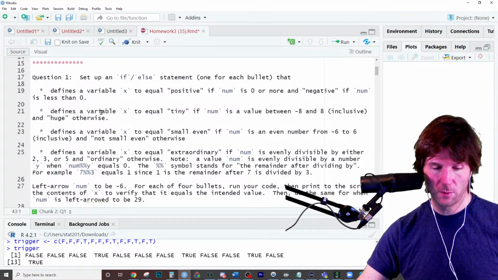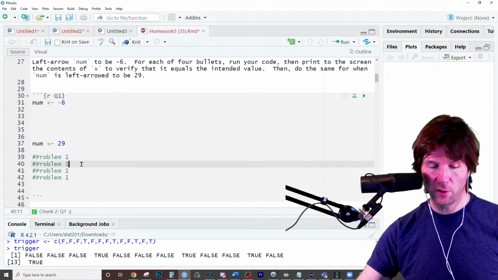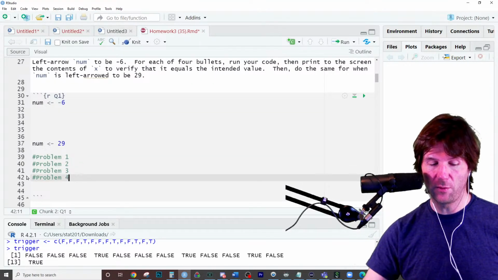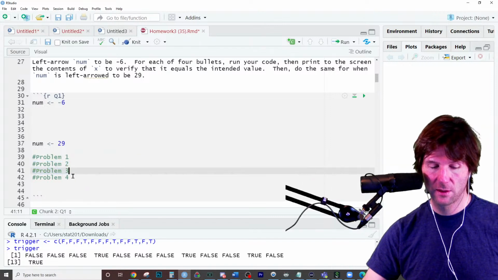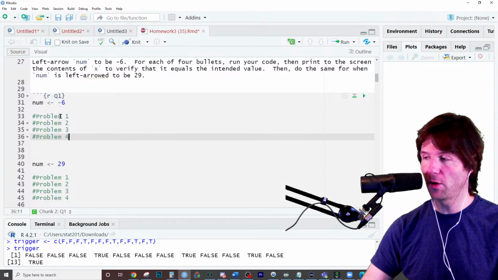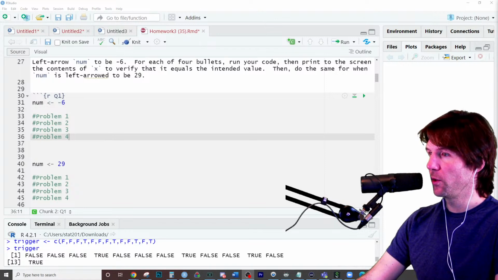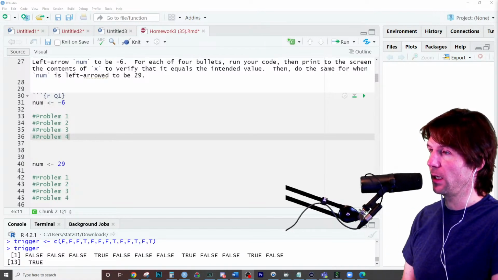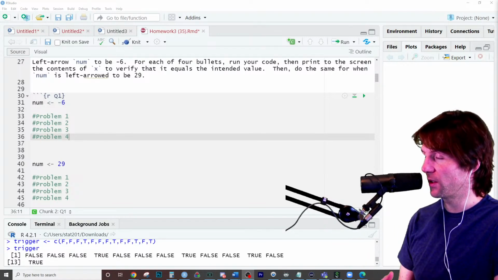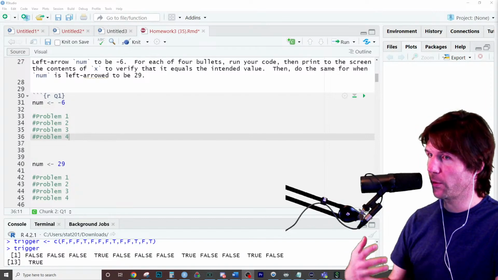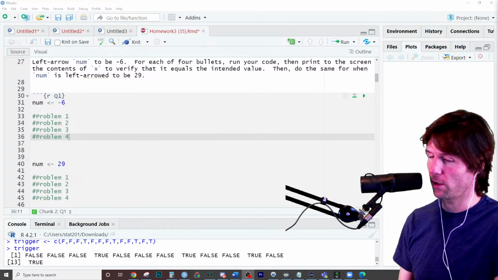Is there 4? 1, 2, 3, 4. So you're going to show it works on all 4 of these. Does that make sense? This is the theory behind how your answer should look. So your answer should, in theory, store the number into num as -6, then run through each one of those and show that it works.